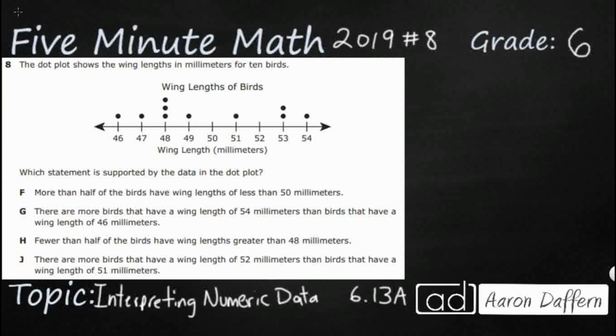So we have a dot plot that shows the wing length of birds. Let's take a moment to just pull this data out of the dot plot. Each of these dots represents a piece of data showing up once.